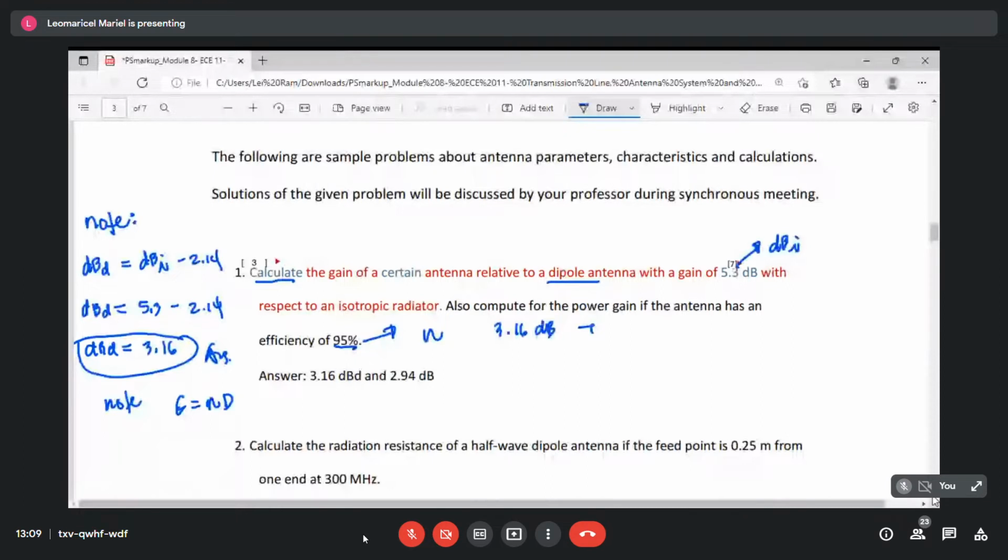Kasi kapag naka dB siya, hindi niyo magagamit yung formula na gain equals efficiency times directive gain. So convert muna the 3.16 into a unitless value by, meron tayong formula, 10 log of the gain.